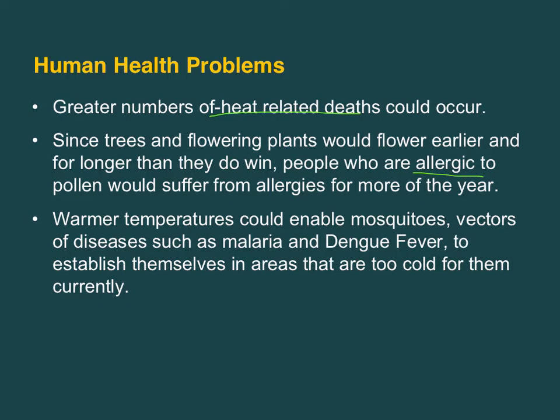It's just another thing to look at. Again, this is not something we know the full extent of. We're just taking what we know. If we know that plants are flowering earlier, that means their pollen will be in the air earlier, and it could affect people more often.